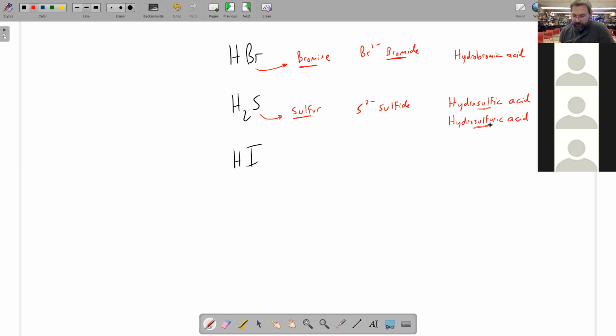And that's different than sulfuric acid, which is a different compound altogether. But this sulfic seems kind of weird to our ear. Hydrosulfic acid doesn't sound right. So hydrosulfuric acid turns out to be the name of H2S.